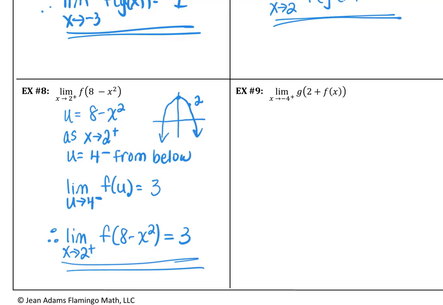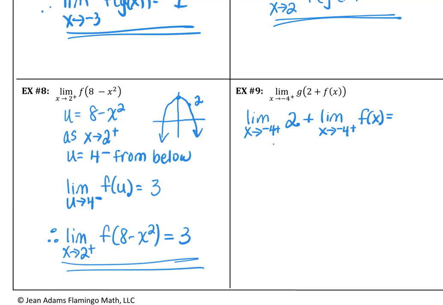And then finally, in our last one, we want to use the properties of limits first of all, since there's the g of 2 plus f of x. So let's think about this as the limit as x approaches -4 from the right of 2 plus the limit as x approaches -4 from the right of f of x. Okay, so we're going to do that portion first.